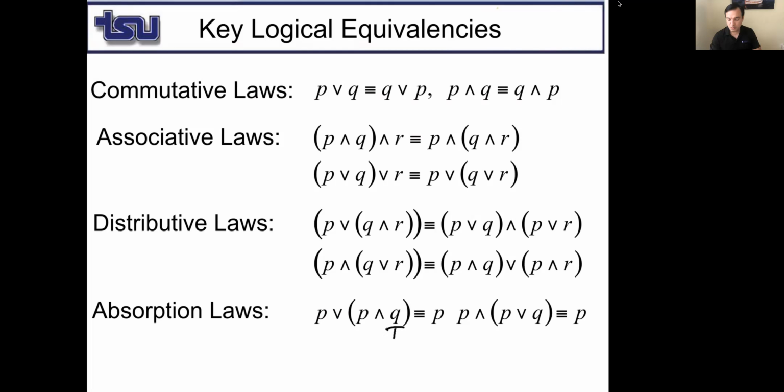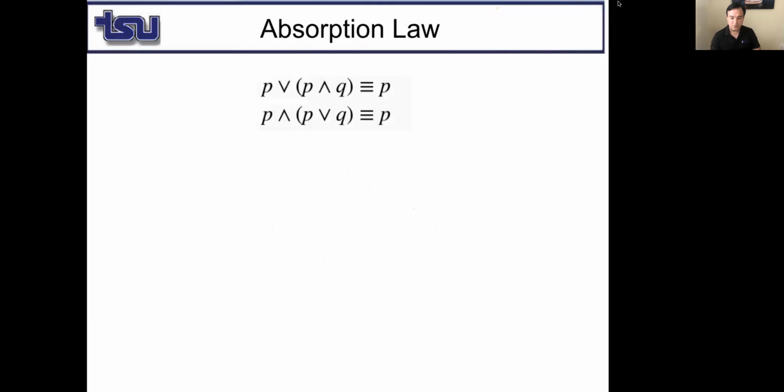If Q is true, P and true will depend on P, and P or P will be P. If Q is false, P and false is what? False, and P or false is P. So that's the case. You can easily check those, and P and (P or Q) is also P. This is called the absorption law. Maybe we'll have a proof of it.